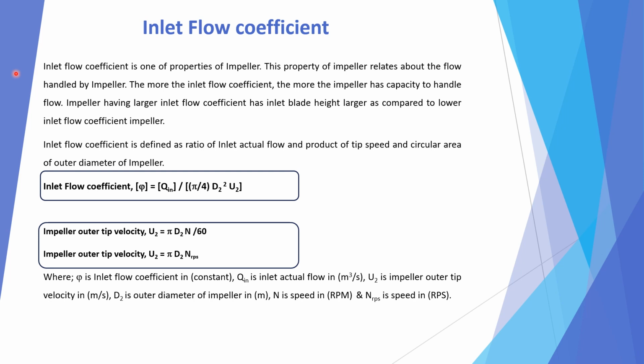So inlet flow coefficient phi is equal to Q in upon pi by 4 D2 square into U2, and impeller outlet tip velocity U2 is equal to pi D2 N upon 60, or there is another way through which we can express U2 is equal to pi D2 N rps, where phi is the inlet flow coefficient, a constant, Q in is inlet actual flow in meter cube per second, U2 is impeller outlet tip velocity in meter per second, D2 is outer diameter of impeller in meter, N is speed in RPM, and N rps is speed in RPS, that is revolution per second.